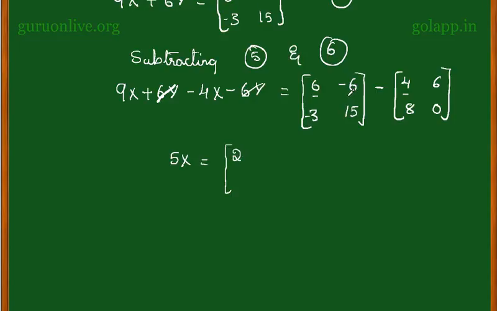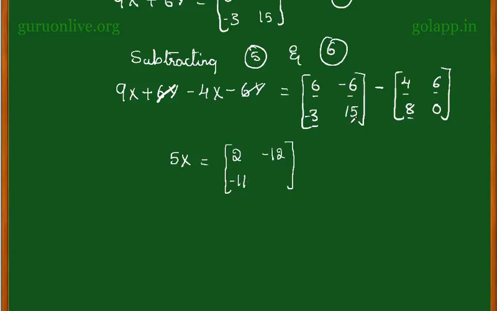And the next element is minus 6, corresponding element is 6. So minus 6 minus 6 I get minus 12. And the next element is minus 3 and the corresponding element is 8. So minus 3 minus 8 gives you minus 11.